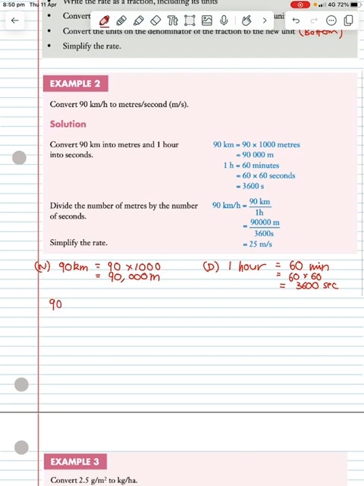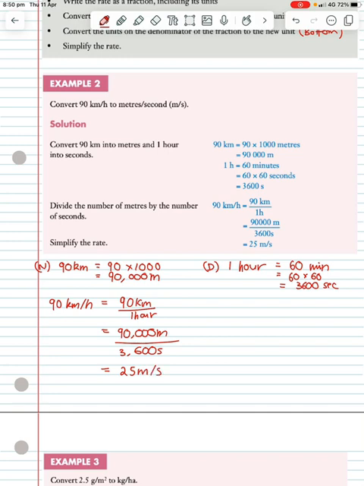So then we can say 90 kilometers per hour is going to be written as from 90 kilometers over 1 hour to 90,000 meters over 3,600 seconds, which we can simplify to 25 meters per second.